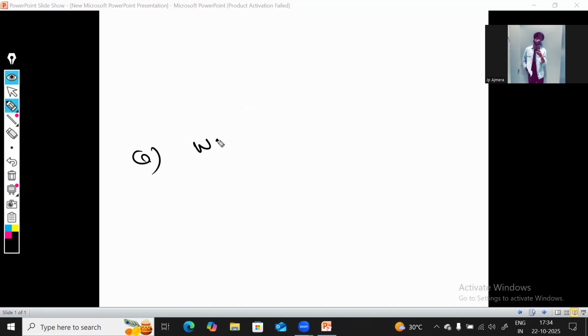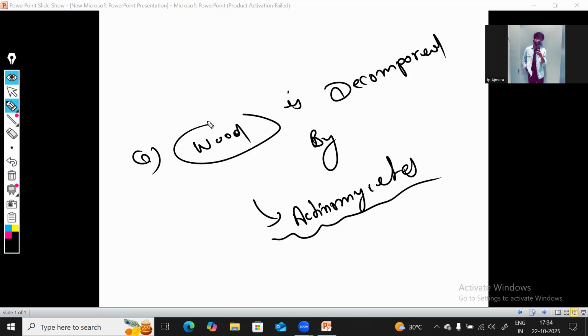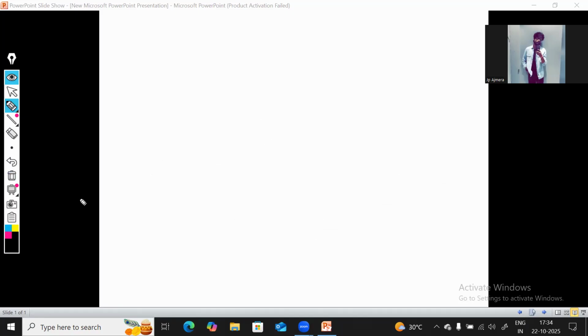Soil wood is mainly decomposed by which microorganism? The answer would be actinomycetes. Right? Who is responsible for wood decomposition? That particular microorganism is known as actinomycetes.